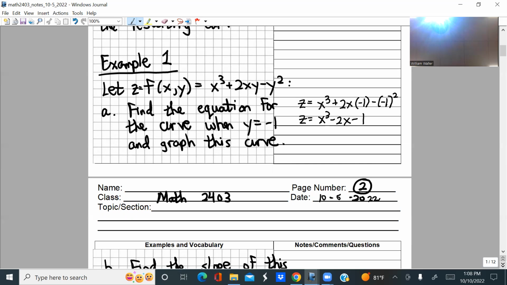So what's the slope of that curve in y? Just a minute, so work fast there.